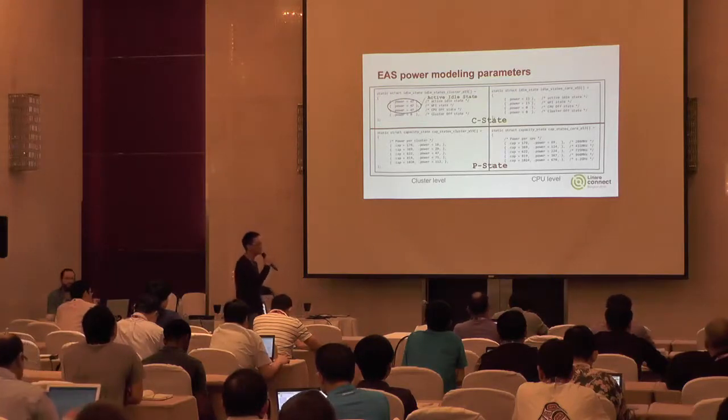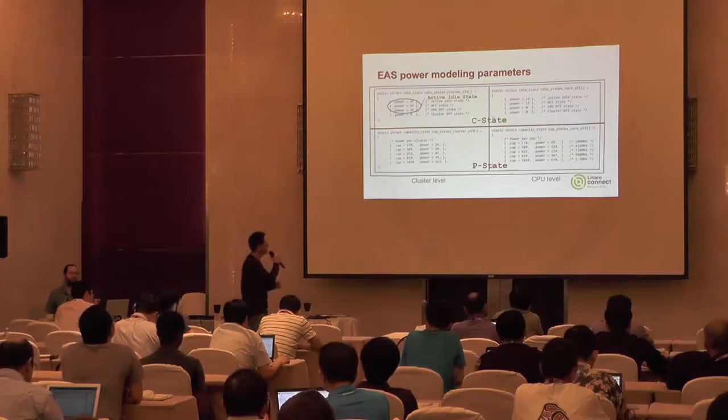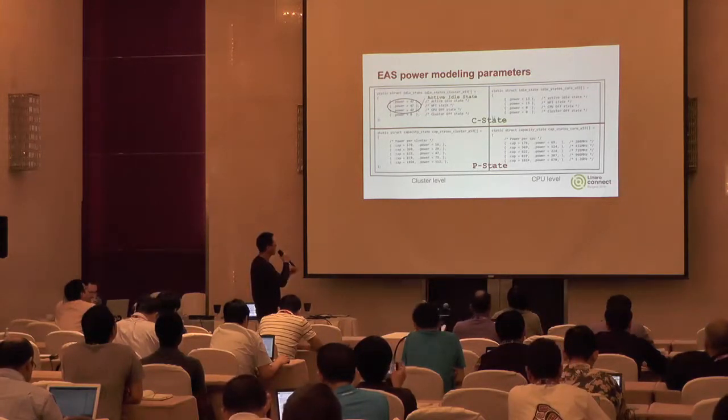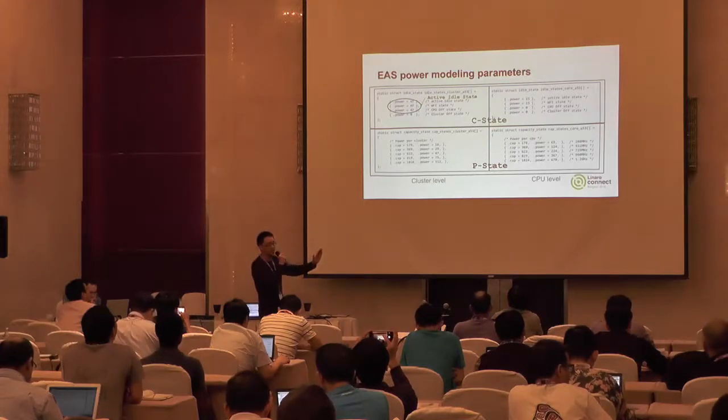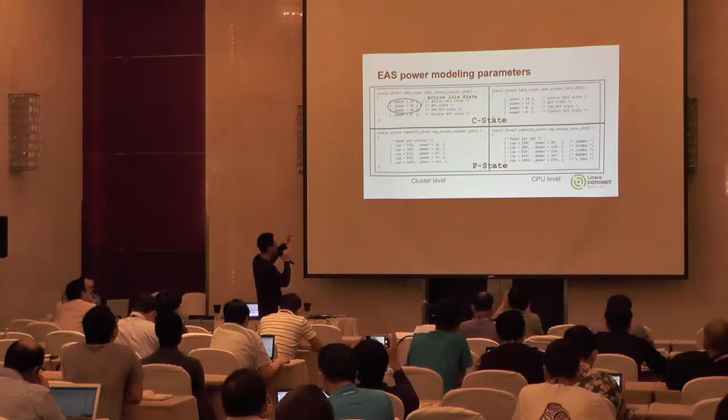So finally, this is the table for the EAS power modeling parameters. For the EAS power modeling parameters, we can see they have the cluster level and the CPU level. And for the cluster level, we need to set its C state and P state.